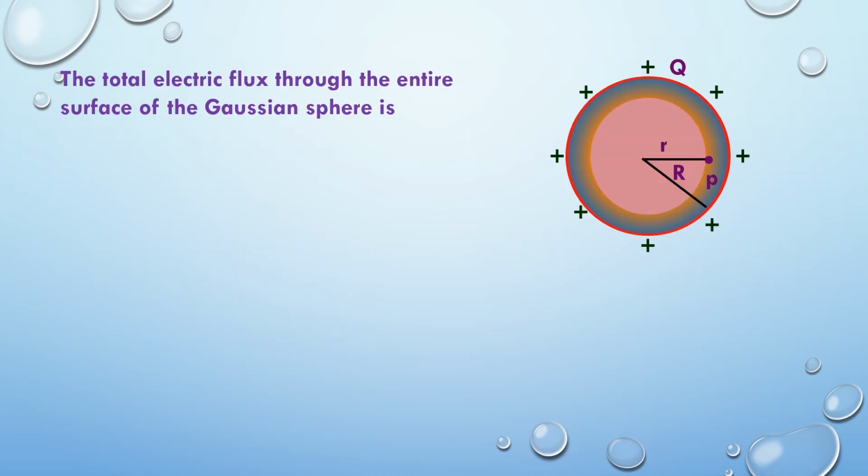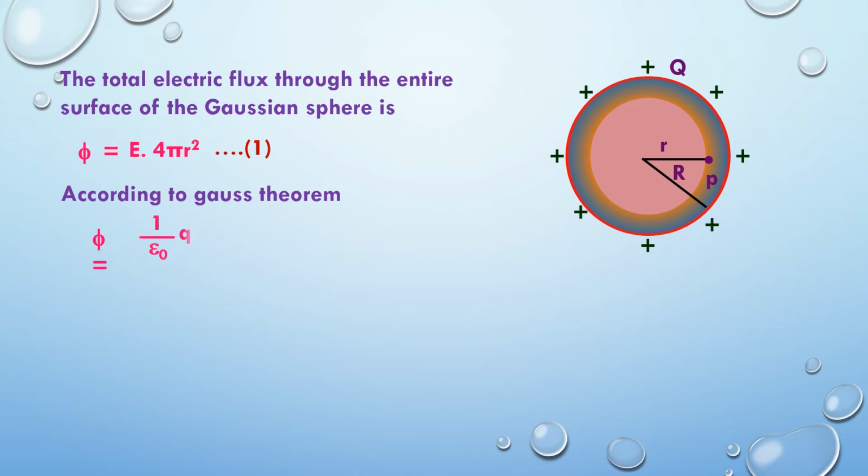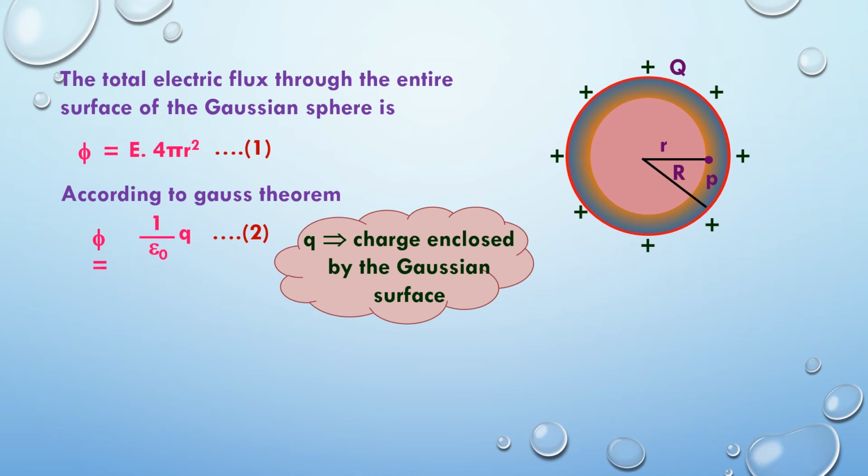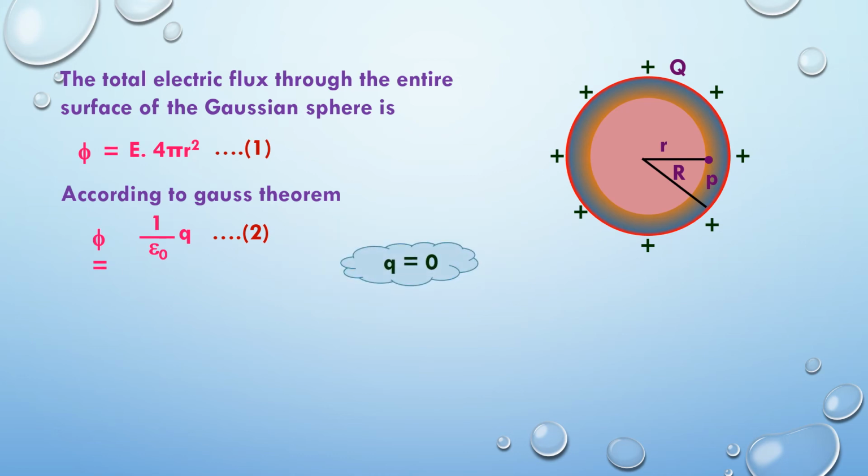The total electric flux through the entire surface of the Gaussian sphere should be given as flux is equal to E into 4 pi r squared. Let us call this equation 1. And according to Gauss theorem, flux is equal to 1 upon epsilon naught times the total charge enclosed by the Gaussian surface, where we find that Q is equal to 0.